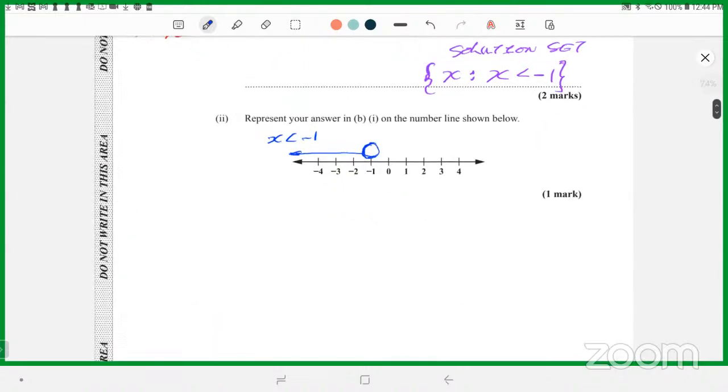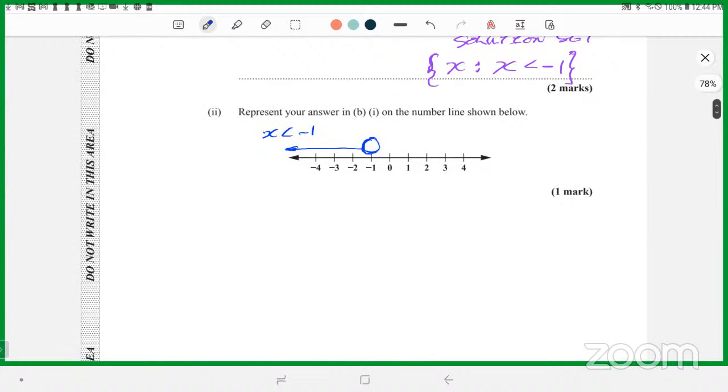Another question they might ask sometimes is: what is the maximum value of x if x is an integer? So let's write it this way. Maximum value of x if x is an integer.